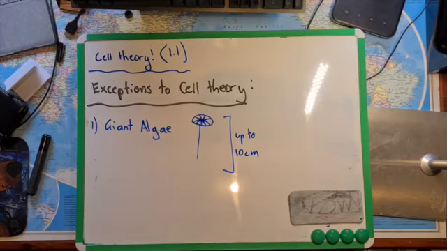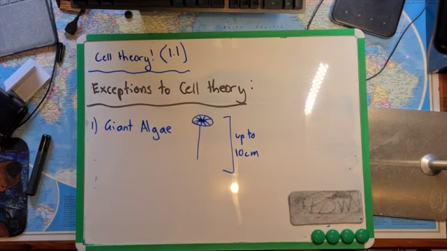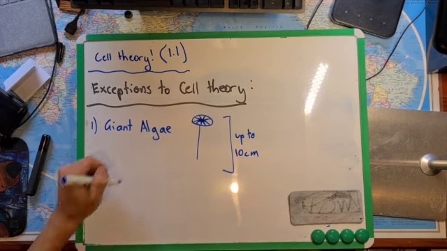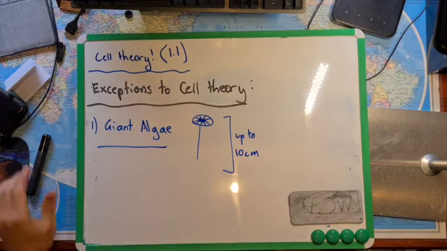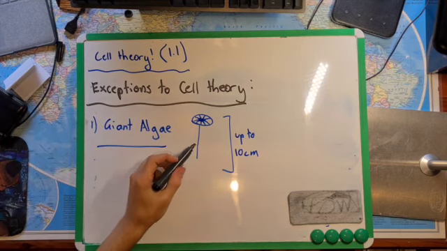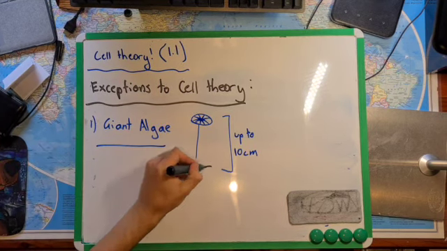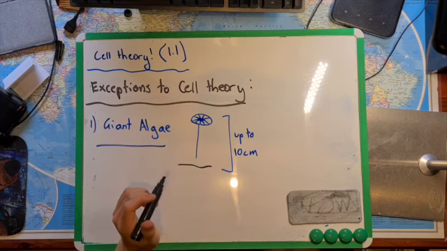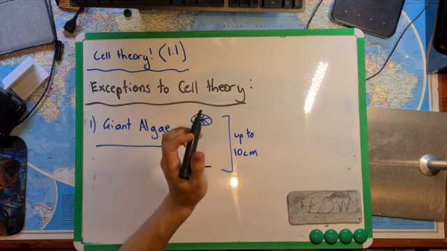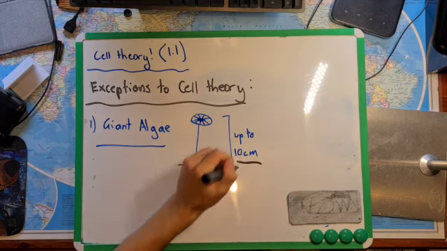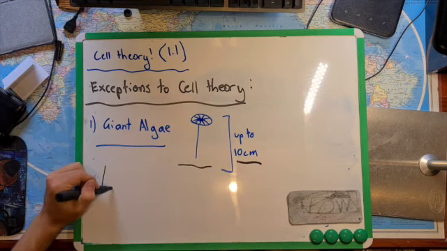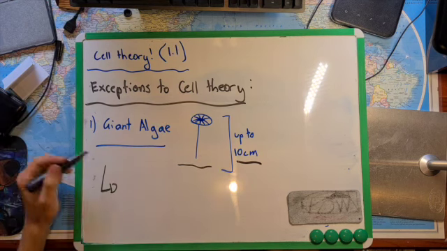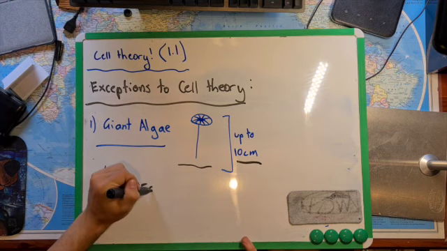We'll now move on to some exceptions to cell theory, with the first one being giant algae. As depicted in this illustration, giant algae looks something along the lines of this, with it being especially large for a unicellular organism, up to 10 centimeters. The discrepancy of this giant algae is that it is large.